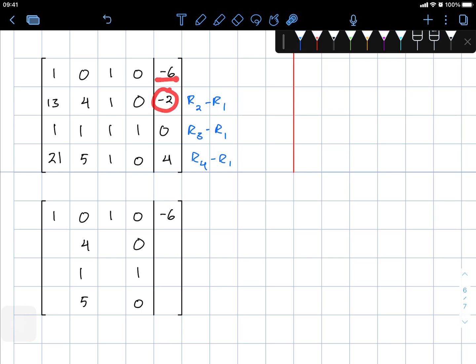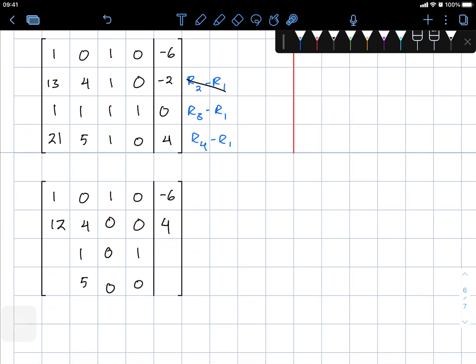Negative 2 minus 6, that's going to be negative 8. 1 take away 1 is 0. Well, these are all going to be 0, so we can get that out of the way now. 13 take away 1 is 12. Here we are. So 0 minus 6 is positive 6.